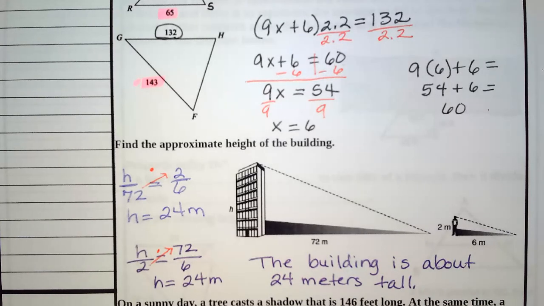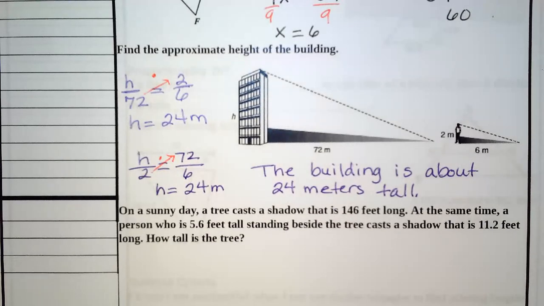When you're answering word problems, you answer it with a sentence. Your answer should be a sentence. Okay, in this case, we actually had the picture given to us. In the next one, we do not have that picture given to us.